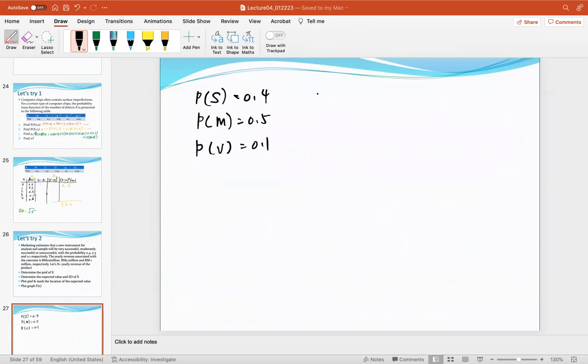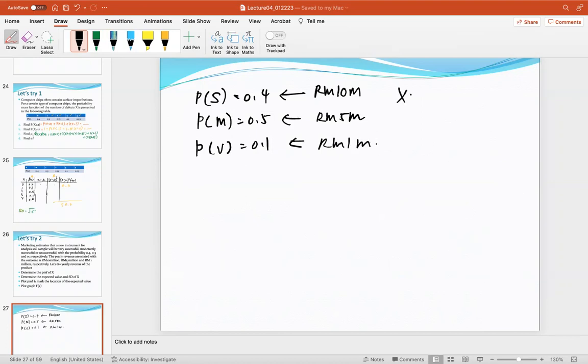The yearly revenue associated with the outcomes is RM 10 million, RM 5 million, and RM 1 million.